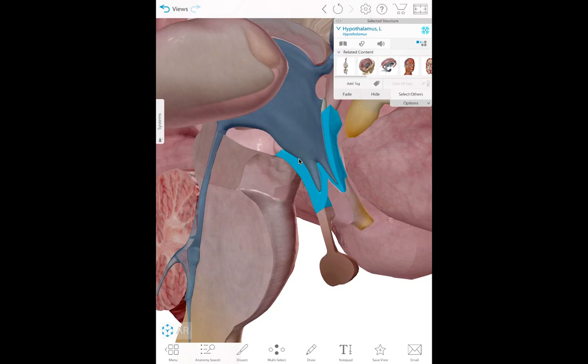We also see that the hypothalamus is going to coordinate autonomic functions, those functions that are involuntary. That includes coordinating blood pressure, heart rate, your breathing rate, and hunger and thirst are also going to be regulated to some extent here, as is libido or sex drive. So many critical functions of the hypothalamus.